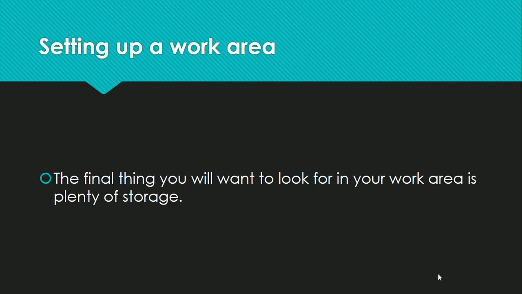The final thing you will want to look for in your work area is plenty of storage, especially if you have many different kinds of electronic components. You must categorize and group them, and then store them separately for each type and kind.